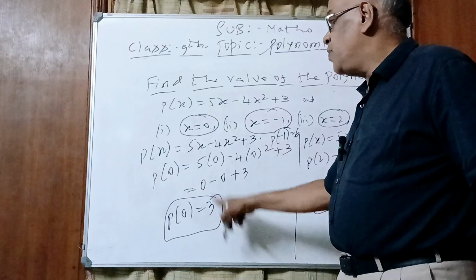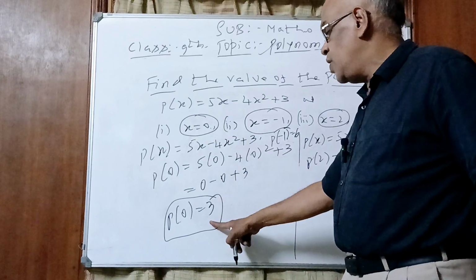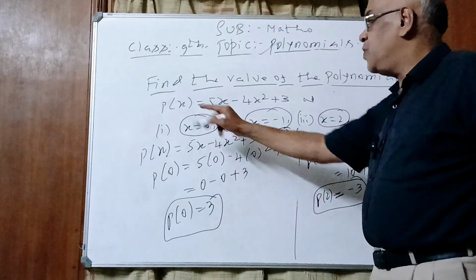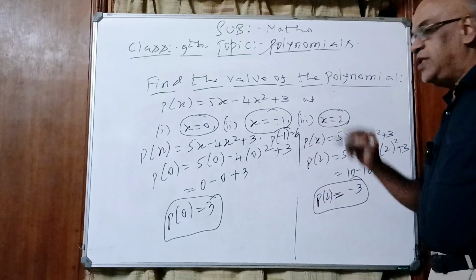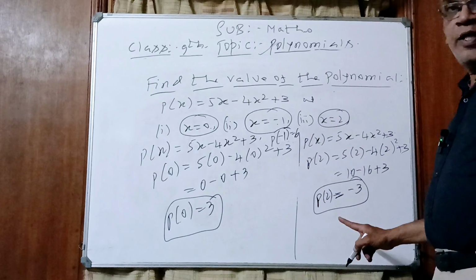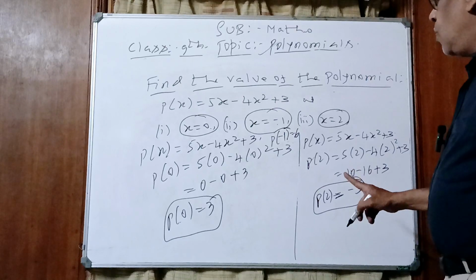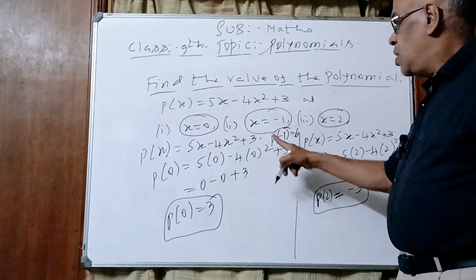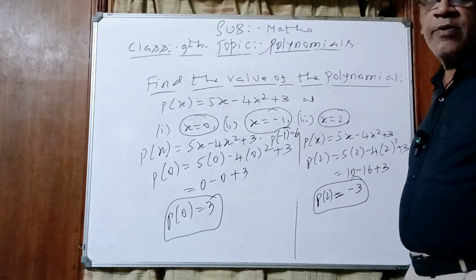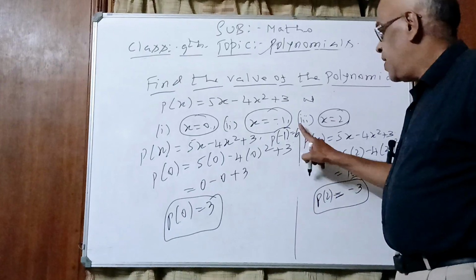So P of 0 is equal to 3. The value of the polynomial at x is equal to 0 is 3. What is the value of this polynomial P of x at x is equal to minus 1? It was minus 6, I think.